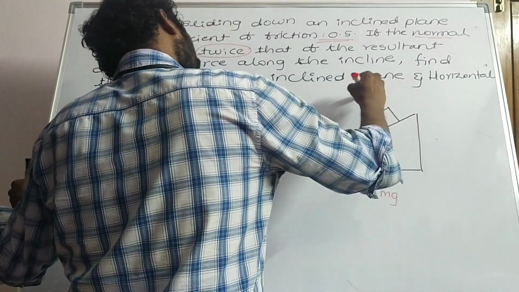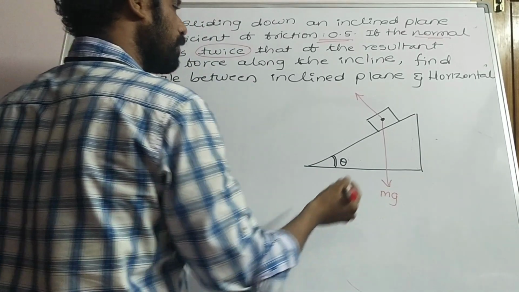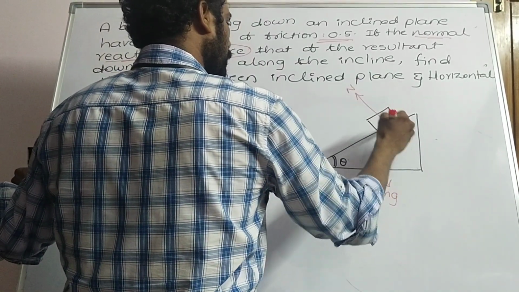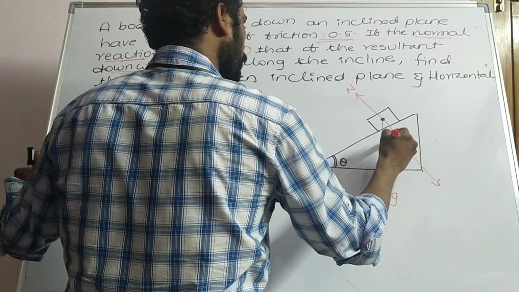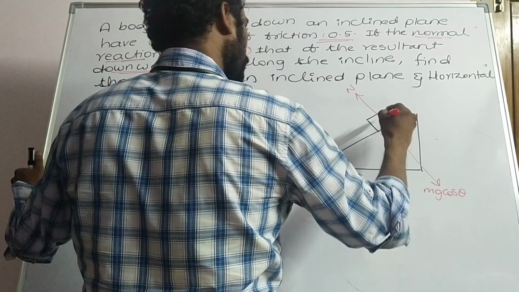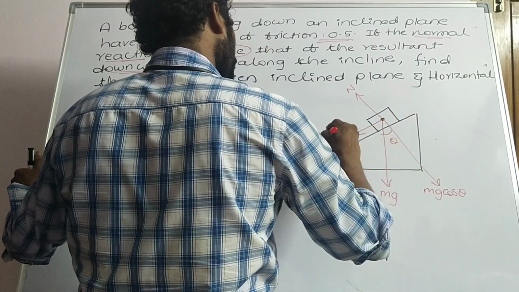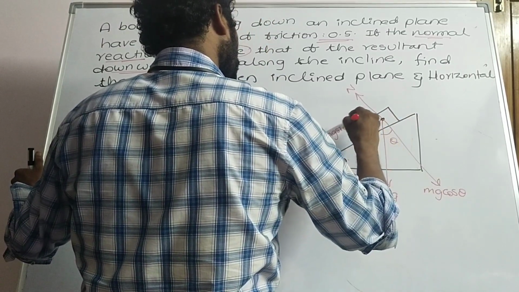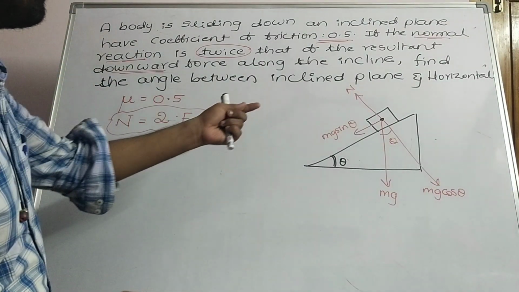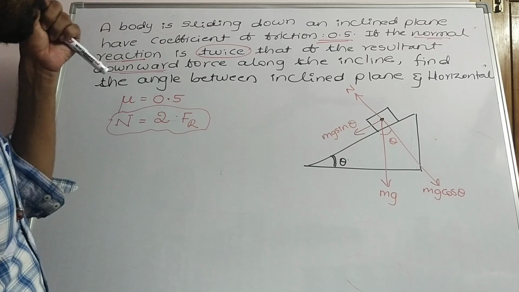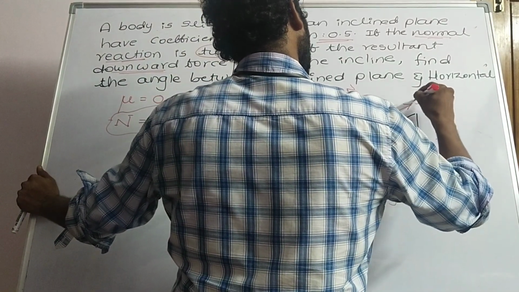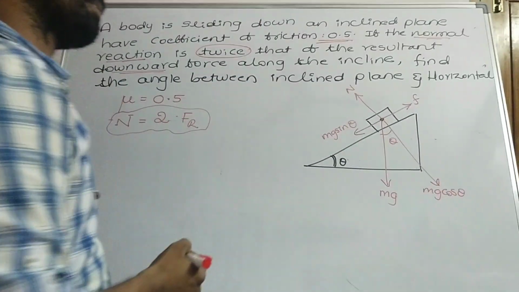Normal reaction is perpendicular to the contact surface between the body and inclined plane. That is normal reaction. And here mg can be resolved into two components. This is mg cos theta, and mg sin theta will be acting along the inclined plane, as the body is moving downwards. Frictional force will be acting upward on the inclined plane.